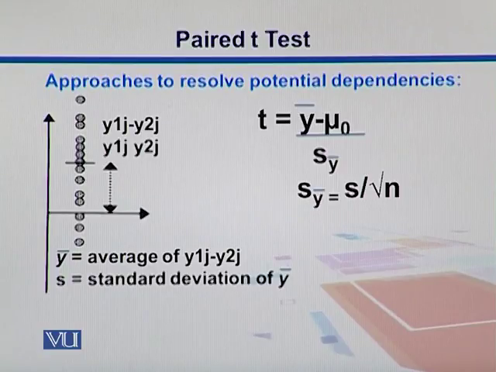In order to do a paired t-test, it's just like doing a one sample t-test. We have this distribution of differences, you can come up with the mean of this distribution, and then plug the mean into the t equation, which, as I said earlier, is the equation for a one sample t-test.